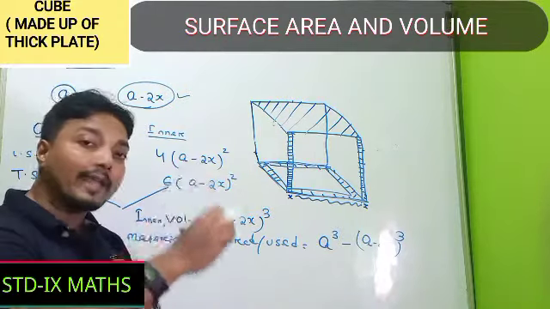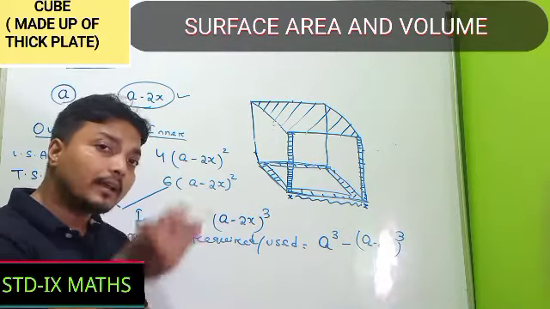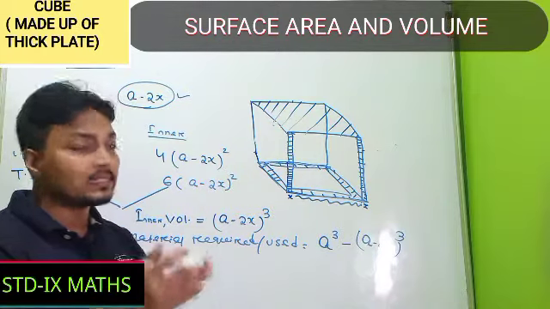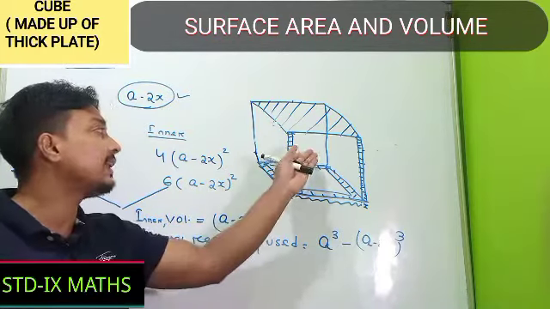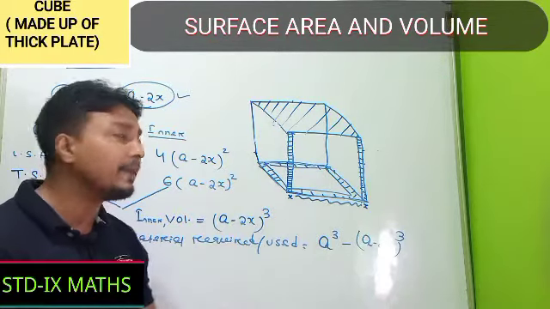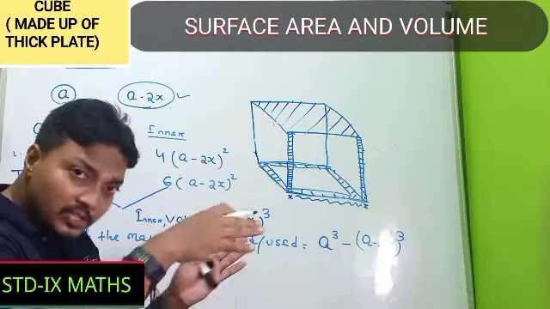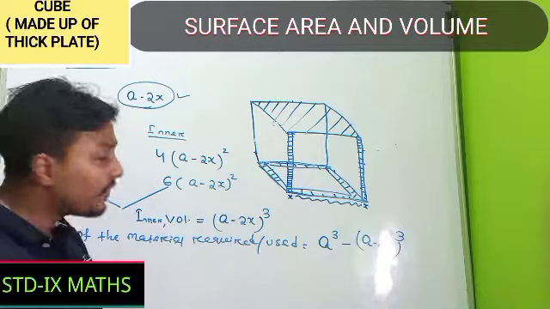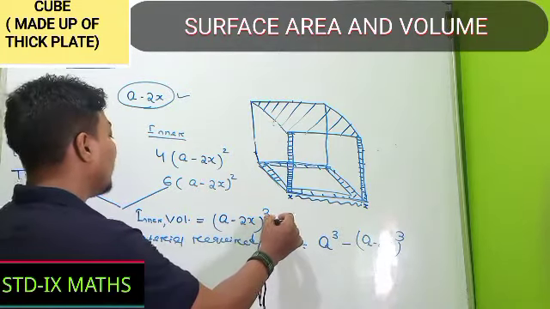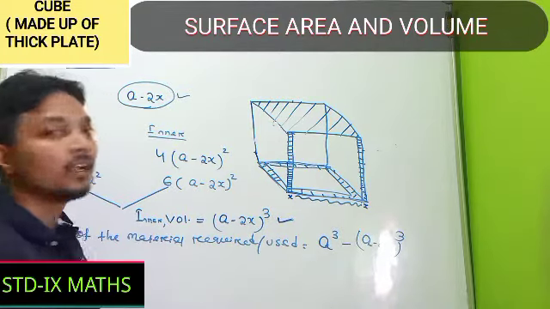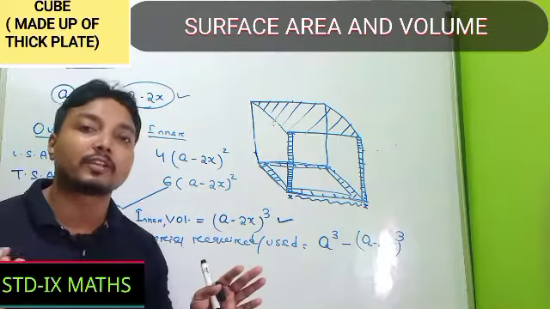But whenever oil, water or milk can be filled inside this space, in the inner space, then you have to find the inner volume. Up to this, I hope you have understood clearly.